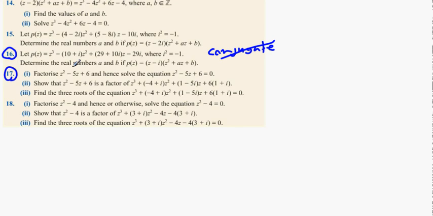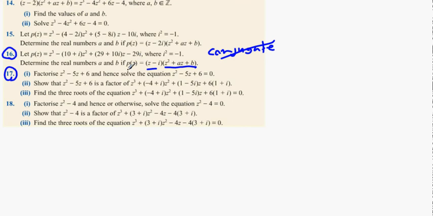Right, it's gone. To determine the real numbers a and b, if p(z) equals (z minus i)(z squared plus az plus b). Okay, so what basically this means is that this one multiplied by this one equals this one up here.